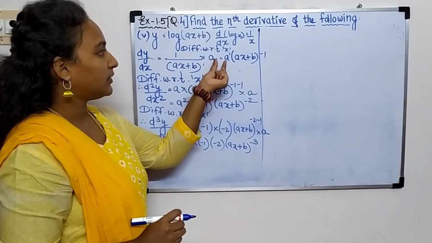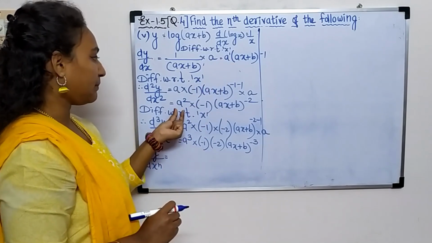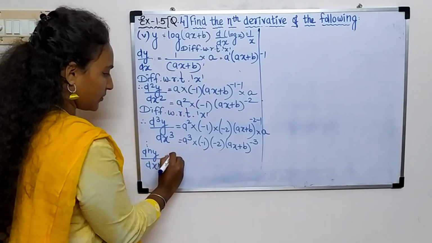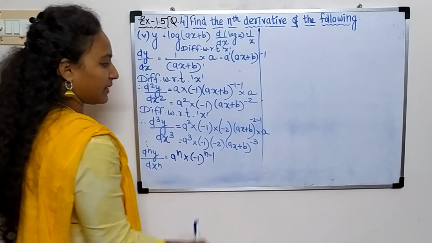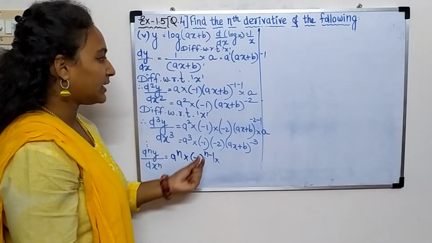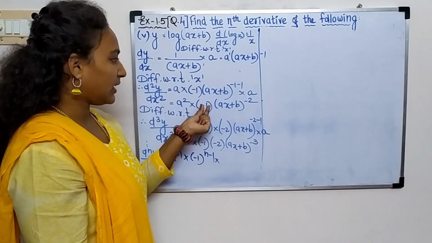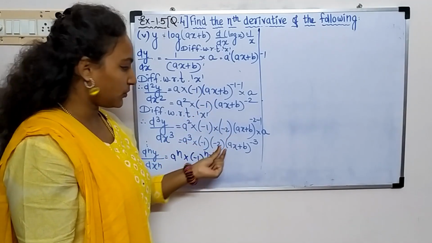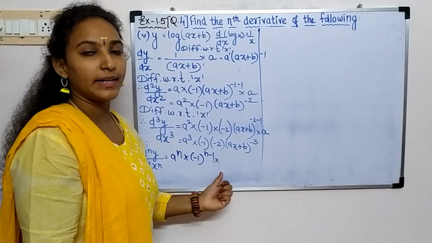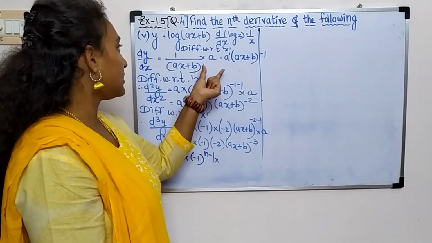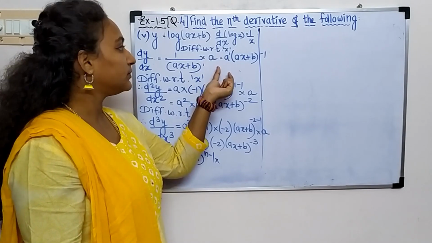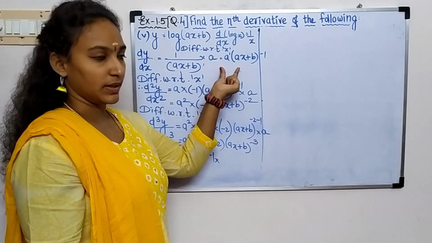And see here we have a power 1, a power 2, a power 3. So the answer will be a power n, then minus 1 raised to n minus 1. Similarly, we have 1 here, 1 into 2, then we will be having 1 into 2 into 3 up to n minus 1, because in the first derivative we don't have any 1.